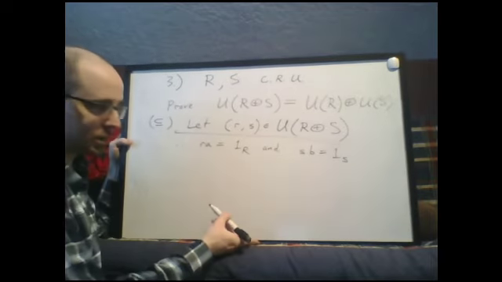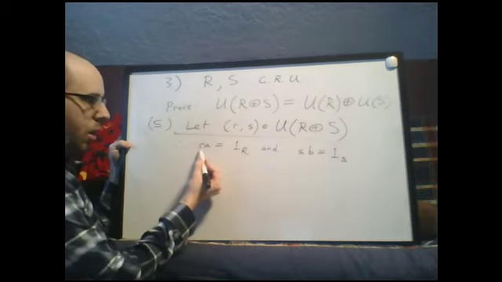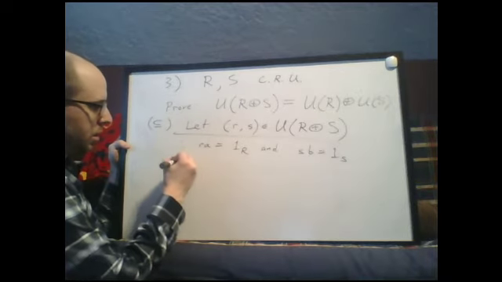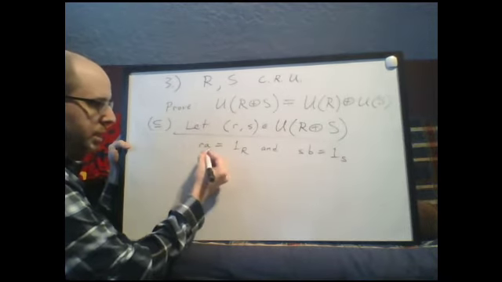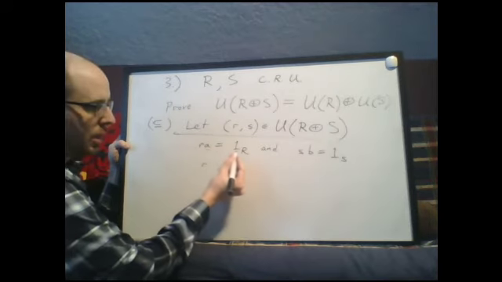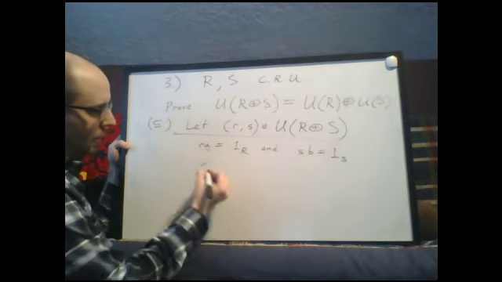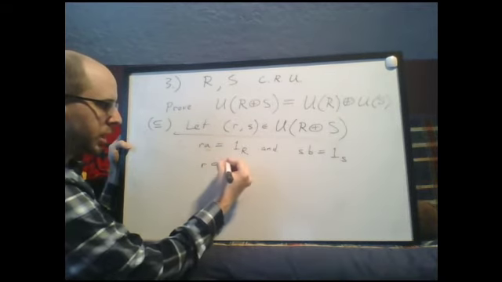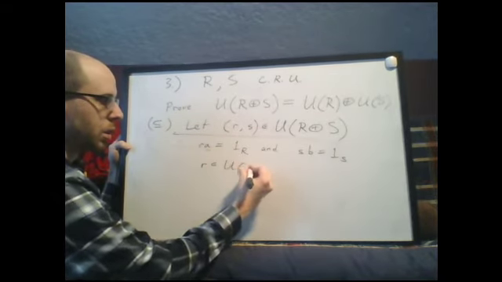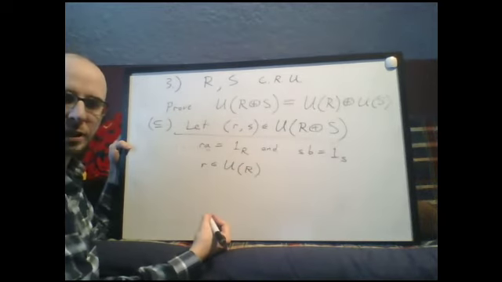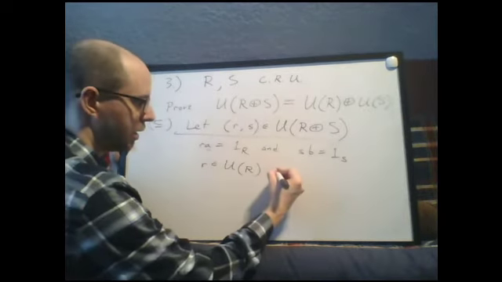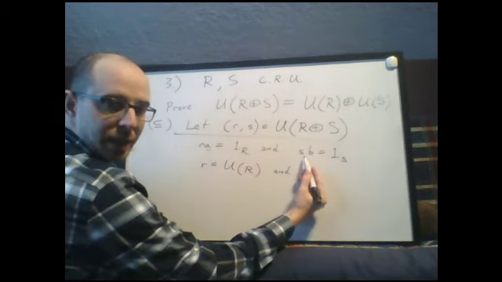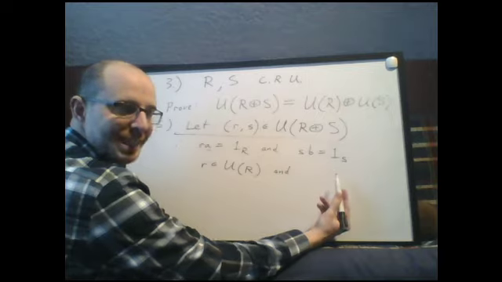But now what that tells us is r, lowercase r, has an inverse, because I can find something that when I multiply r times it, I get the identity element. So there's an element that cancels r. So r is an element of U of capital R. It's a unit of the ring R. And likewise, I can find something that cancels little s to give me the unity there.